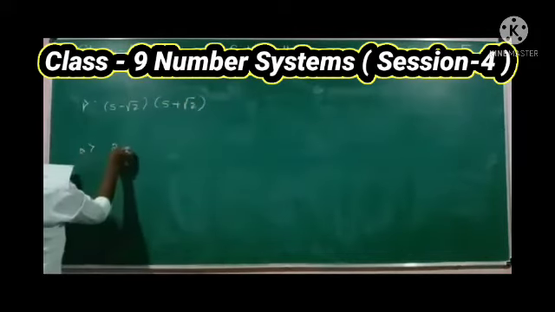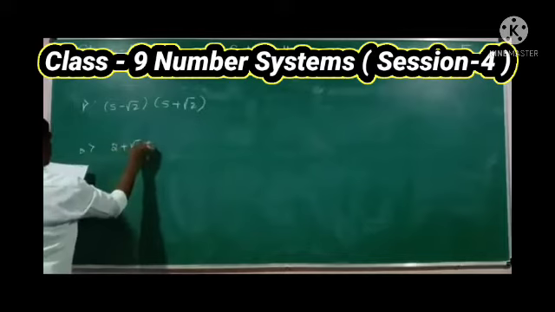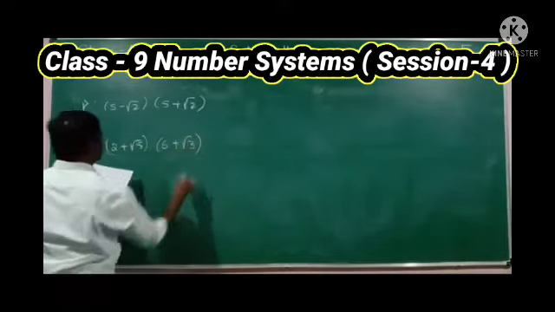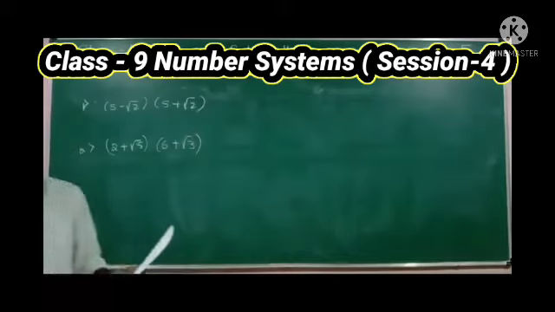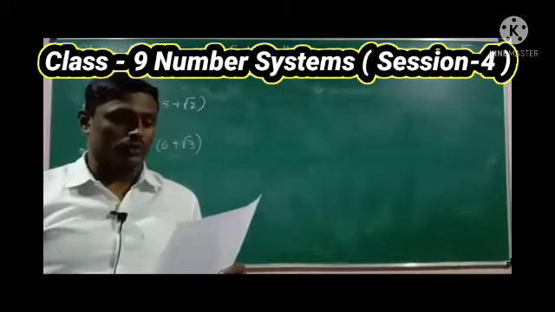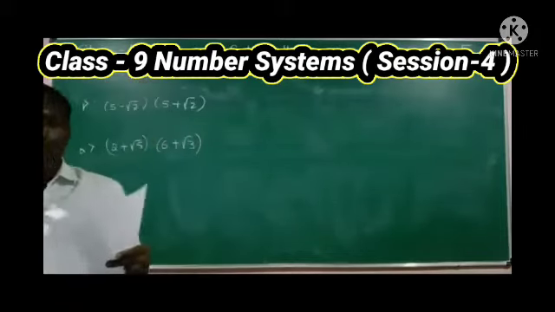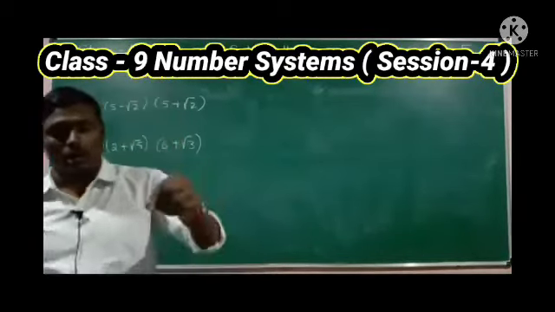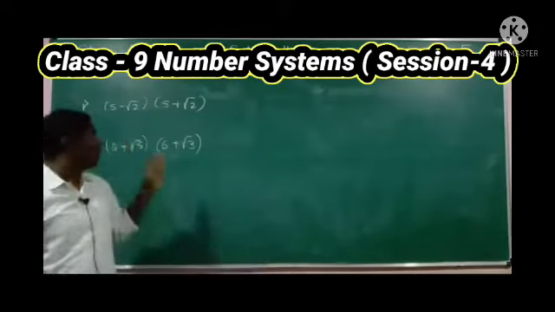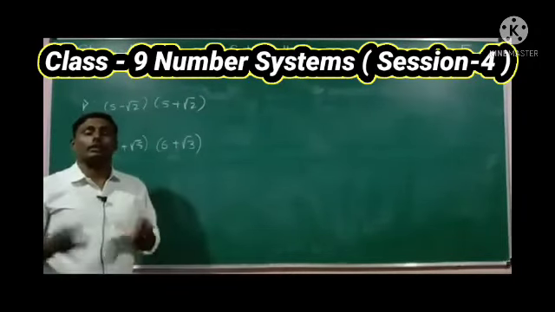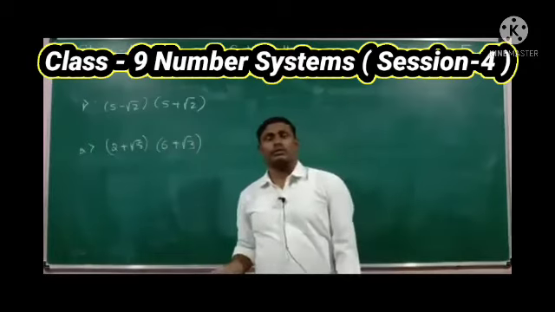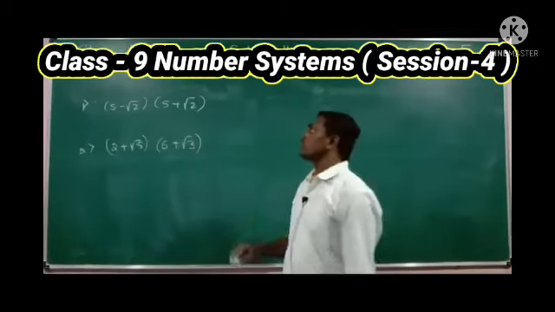Second one, 2 plus root 5 into 6 plus root 3. So what is that condition? When we are multiplying two irrational numbers, we will get either rational numbers or irrational numbers.